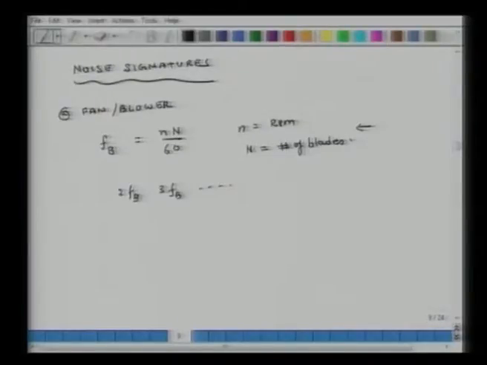In the case of a fan, because these generate a lot of noise, once we have figured out LW, at this point we also introduce another term called specific sound power level.